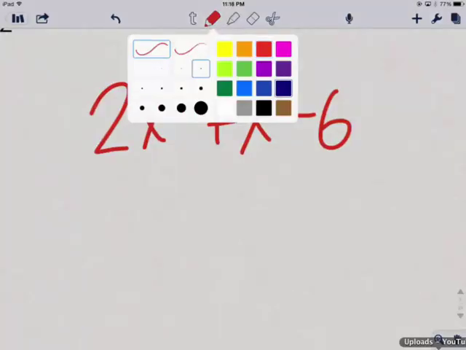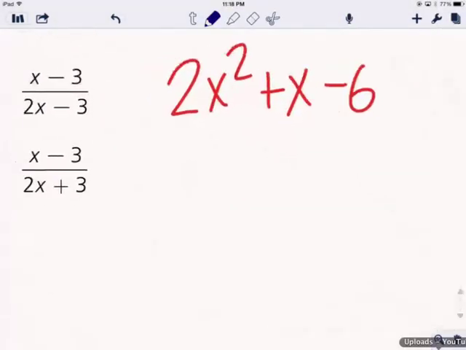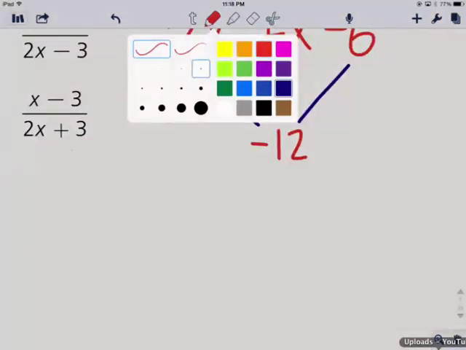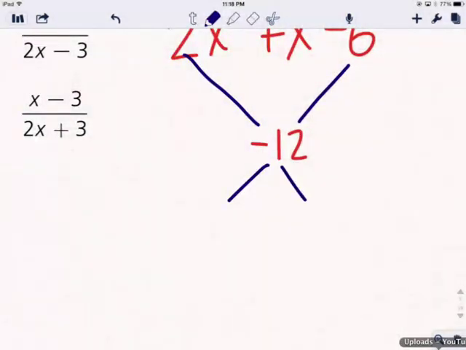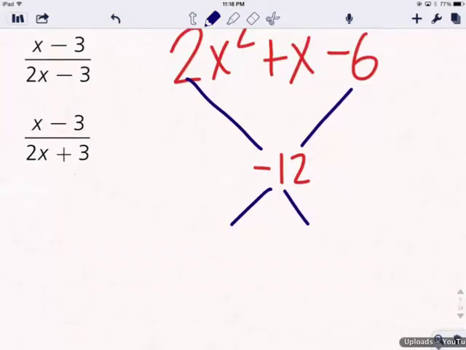Remember, the way to factor this the long way is to, first of all, multiply the first number and the last number. 2 times negative 6 is negative 12. Now we are going to make up a list of factor pairs of negative 12. And we're going to try to find the factor pair that adds up to equal invisible positive 1.